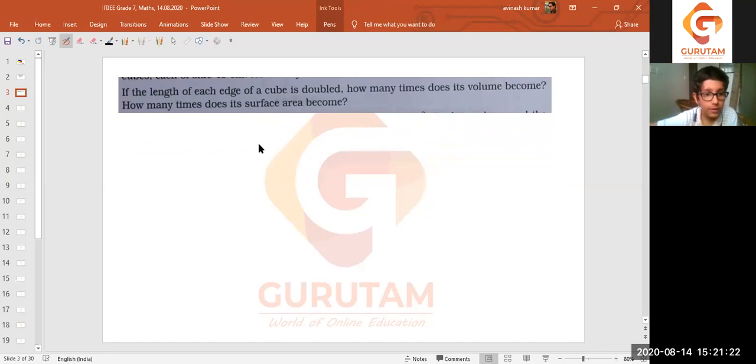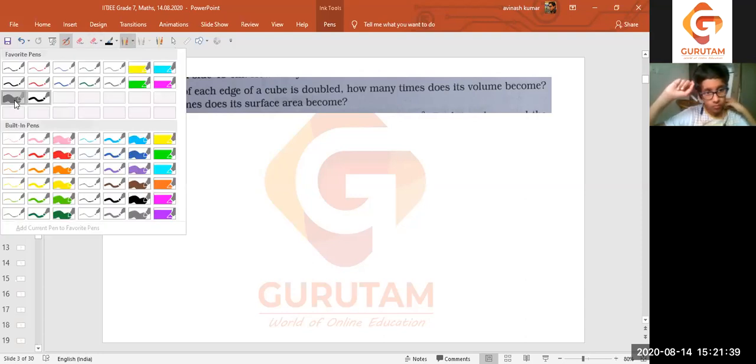If the length of each edge of a cube is doubled, how many times does its volume become? How many times does its surface area become? They are asking two things. I will explain the question to you. Listen very carefully.